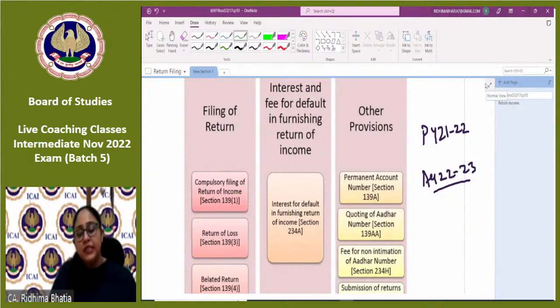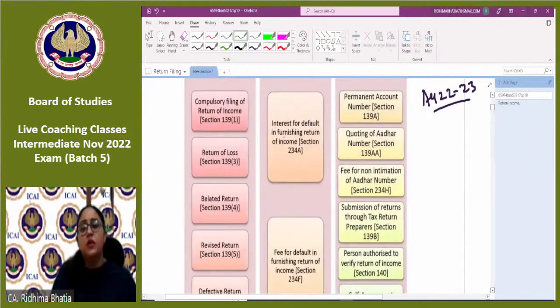And the last section of the class will cover miscellaneous provisions, like what is the permanent account number, where you have to quote the permanent account number, where you have to quote the Aadhaar number, linking of Aadhaar and PAN, and that Aadhaar can be interchangeably used for PAN.